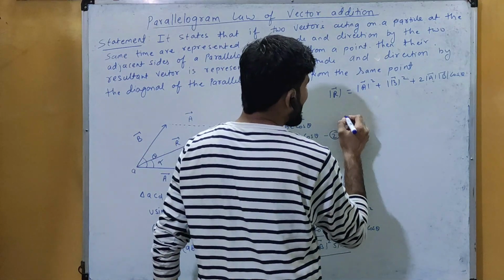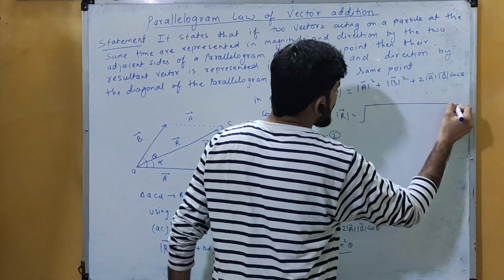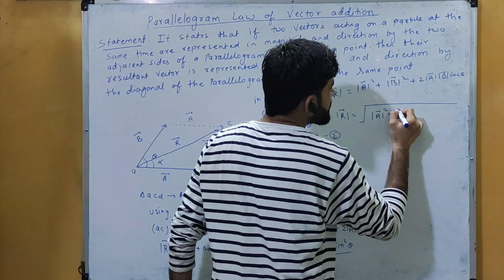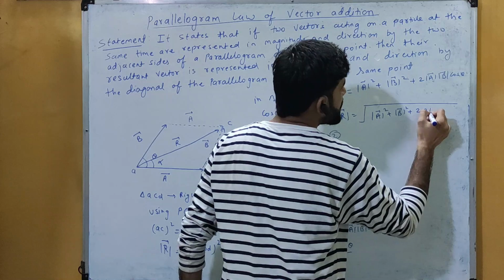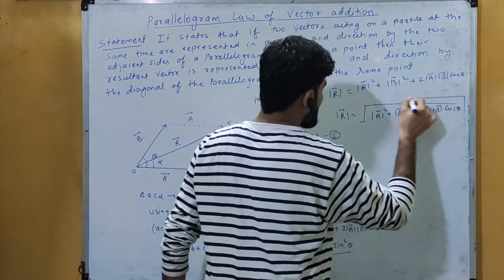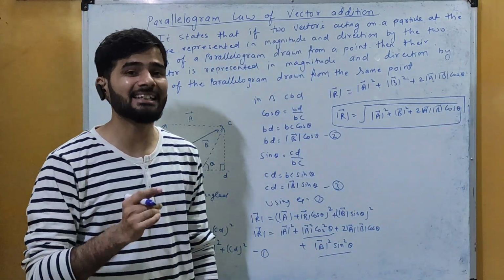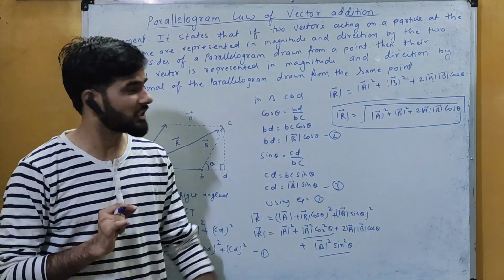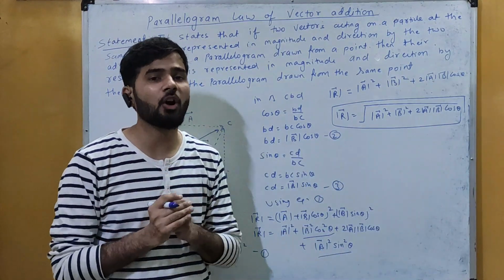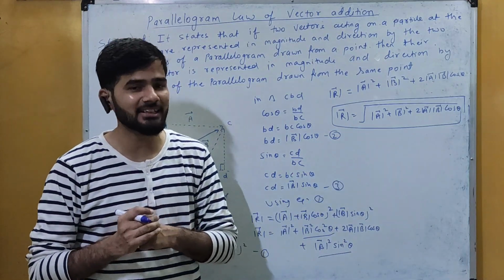So here we can write the resultant vector R is equal to root of A square plus B square plus 2AB cos theta. And you can see that the formula which we were getting in the case of triangle law of vector addition, it is also the same. So whether you apply the parallelogram law or the triangle law, in both the cases you will get the same expression for the resultant vector.